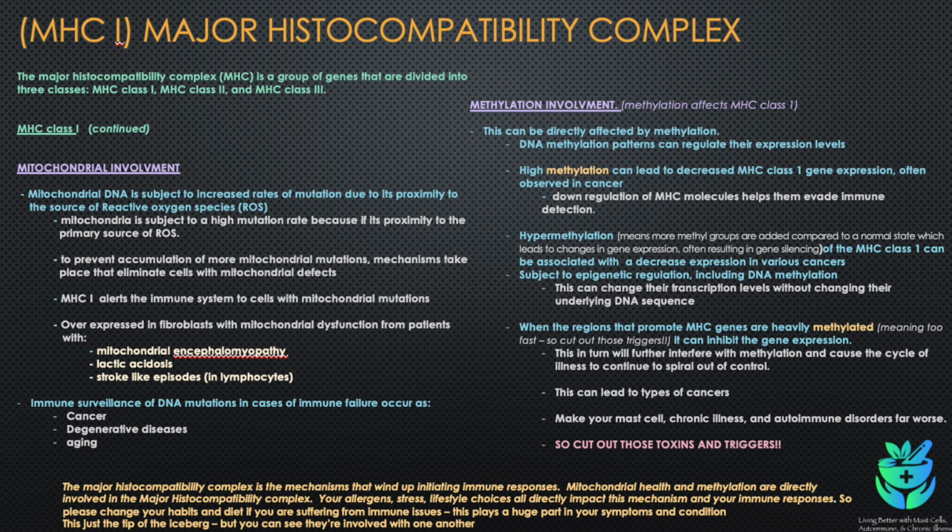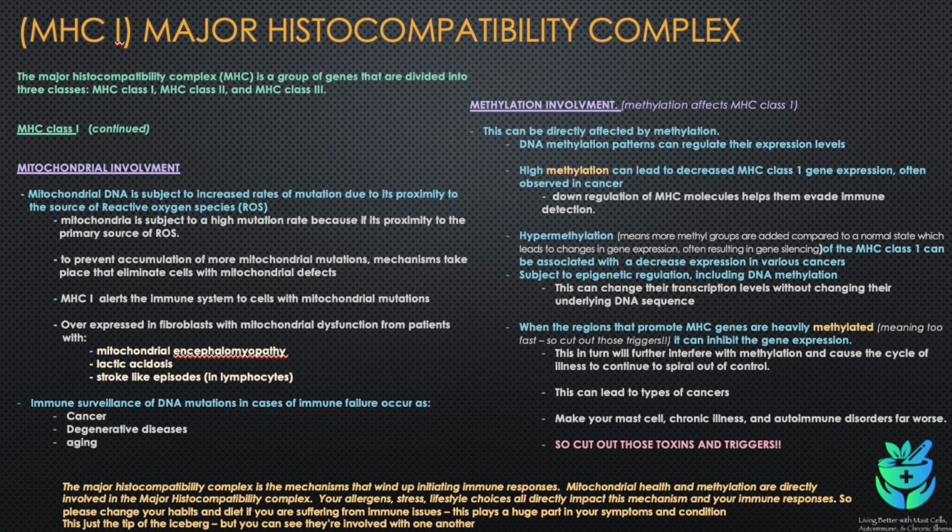Mitochondria is subject to high mutation rates because of its proximity to the primary source of oxidative stress, or ROS. To prevent accumulation of more mitochondrial mutations, mechanisms take place that eliminate cells with mitochondrial defects. The MHC1 alerts the immune system to cells with mitochondrial mutations.